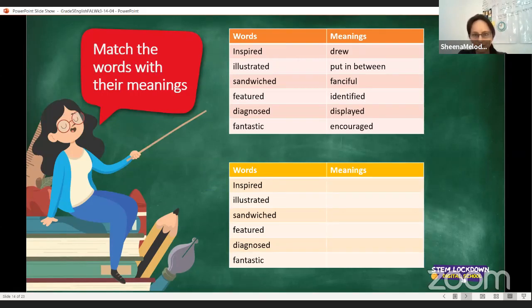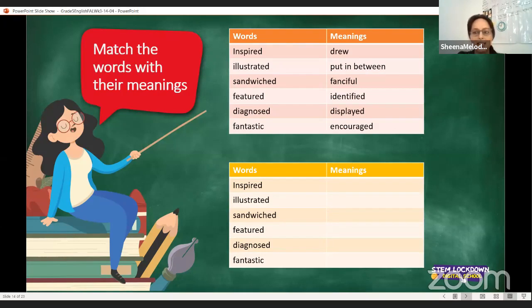Okay, I put together some words. I don't know if some of you noticed that these words were actually in bold in the summary of stories. Okay, so we have these words and meanings not matched. Meanings are mixed up. Okay, so I'm first going to read through the words.